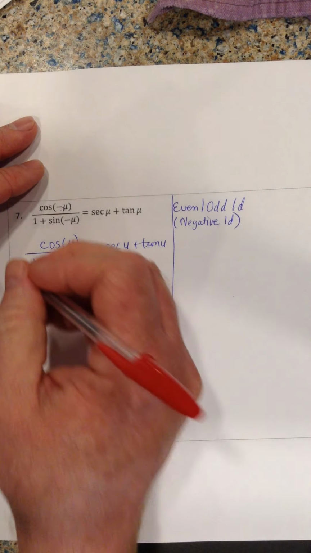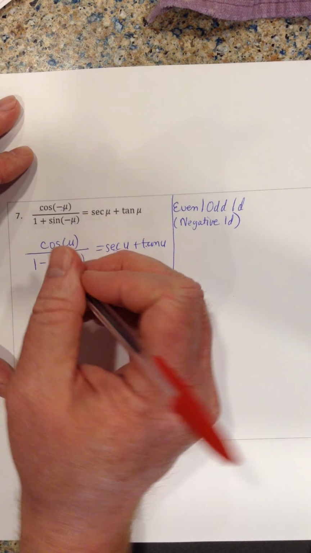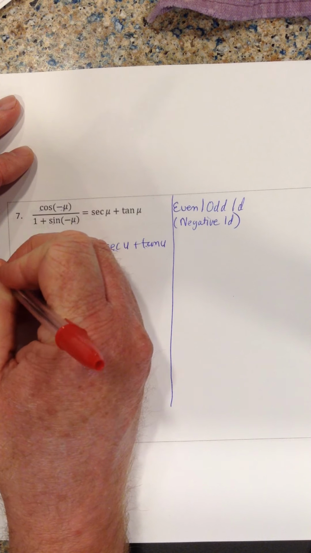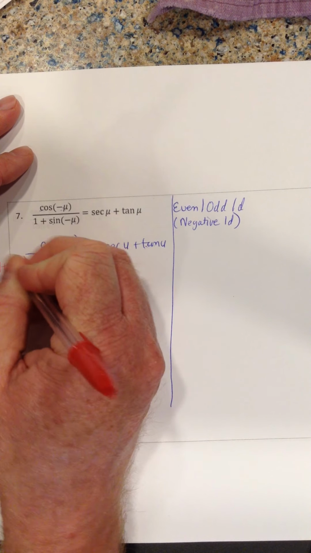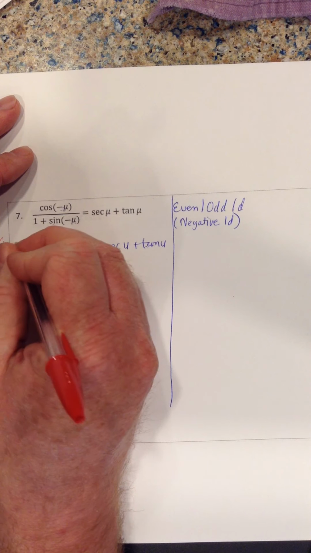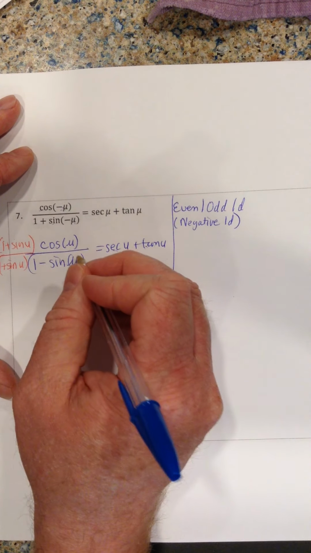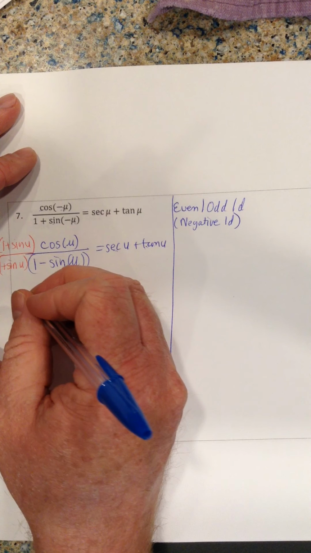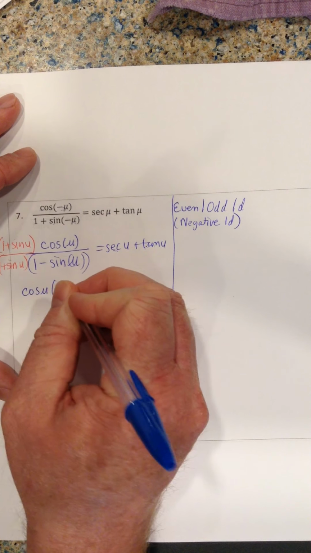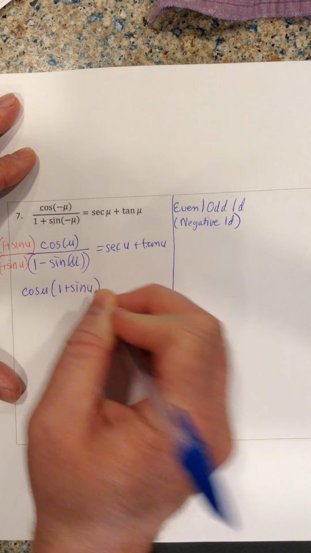Okay, so these are two separate expressions here, and I want to work on this side only. So what I'm going to do is I'd like to make this two terms. So I'm going to multiply by (1 plus sine of mu) over (1 plus sine of mu). Okay, and put parentheses around that. So I get cosine of mu times (1 plus sine of mu).